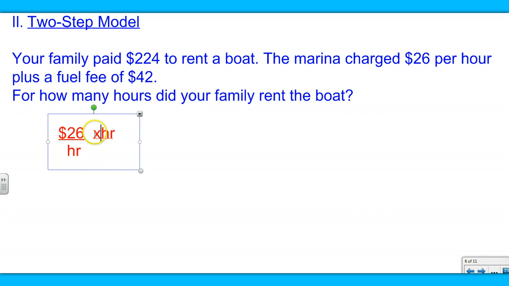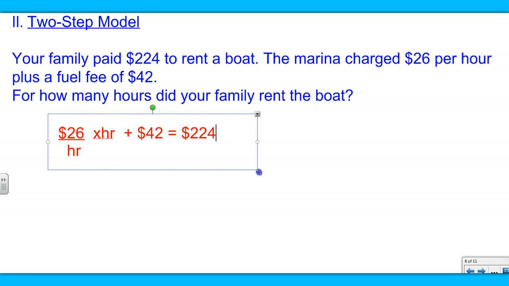Once we know how much they paid based on the number of hours, we would simply add the other term that we were given in the problem, and that's the fuel fee. So we would add $42, and together the rental fee by the hour and the fuel fee, this family paid a total of $224.